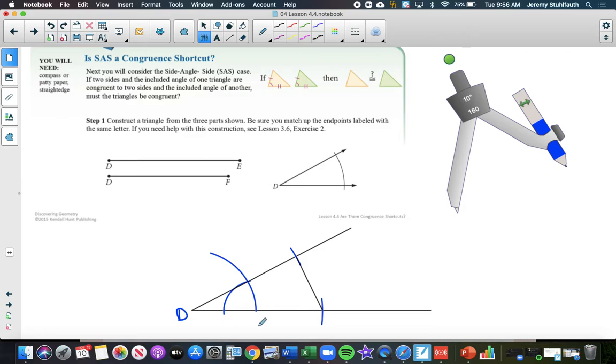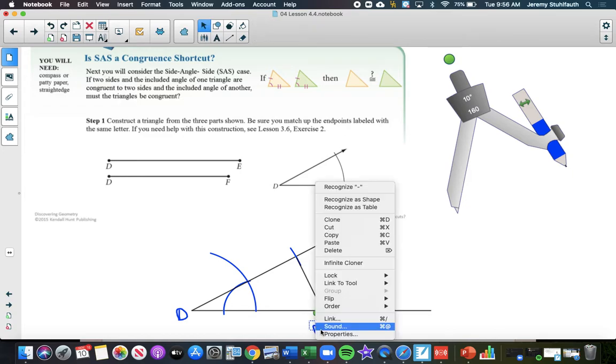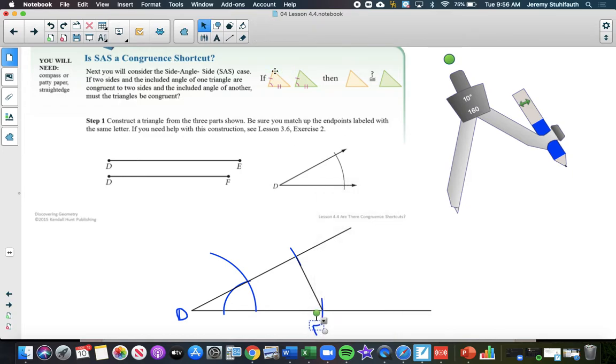We have D over here, we have E over here, and we have F right here. So the only thing that's allowed to change is FE, okay? Because DF has to stay the same, DE we're given, and angle D is the same.